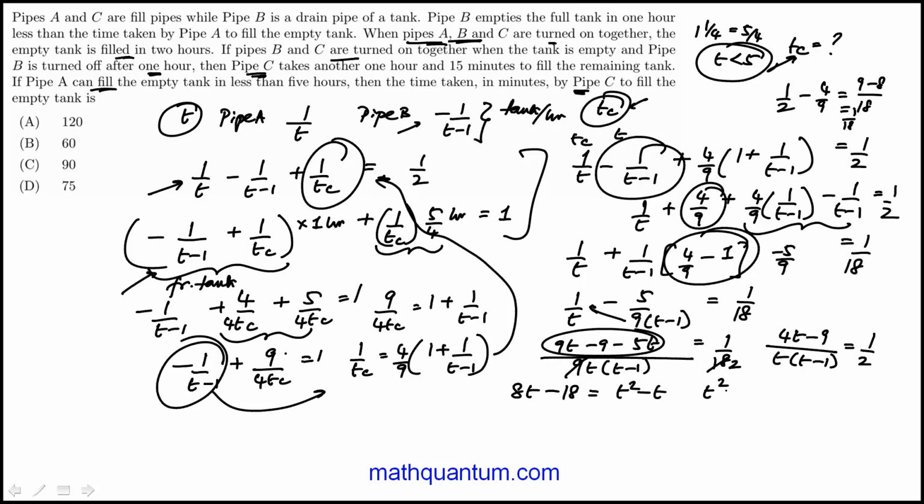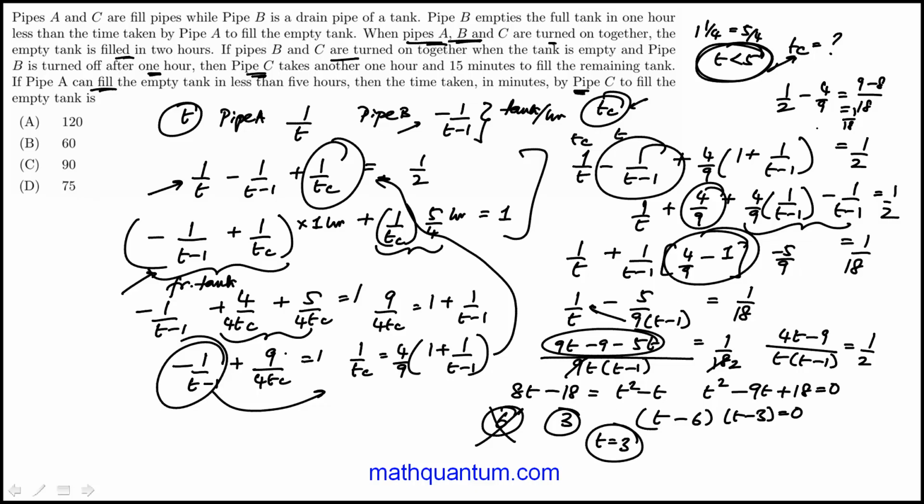And of course, the answer should be nice. That way I know I'm heading in the right direction. That's usually a clue. And then this factors to t minus 6, t minus 3. So we have two values for t, 6 and 3. You'll note that they said t has to be less than 5, so we drop the 6. t is 3.